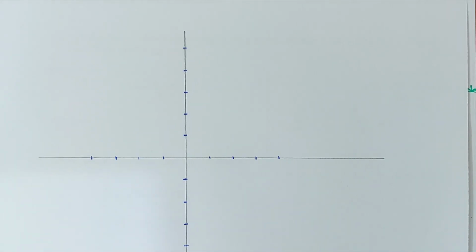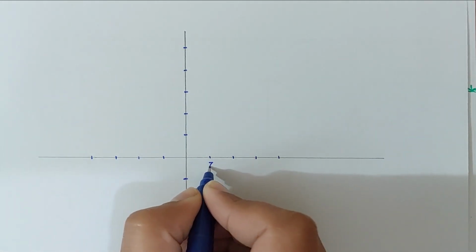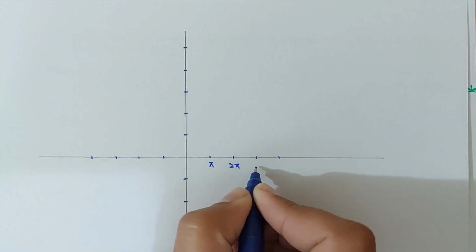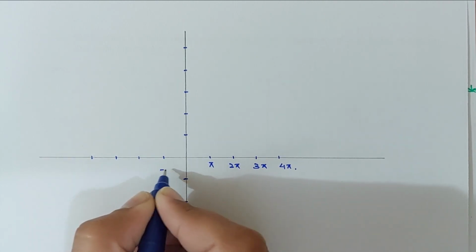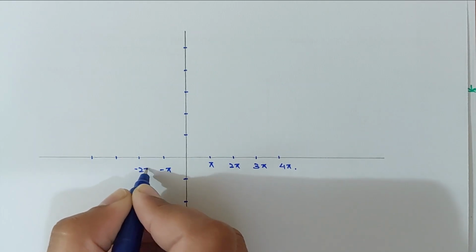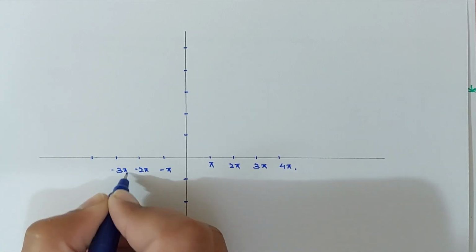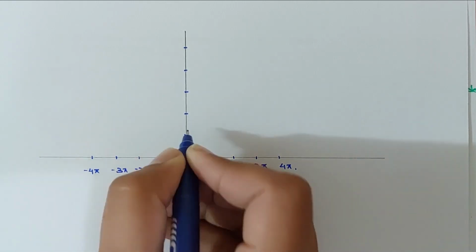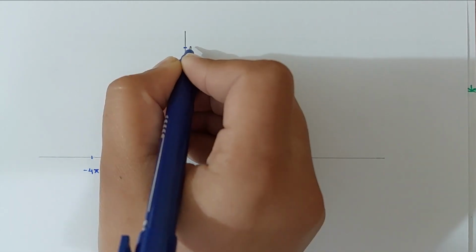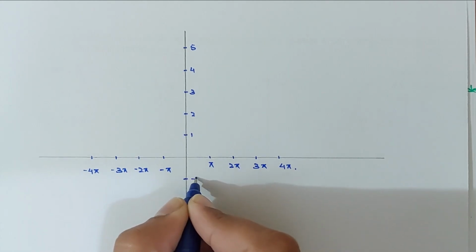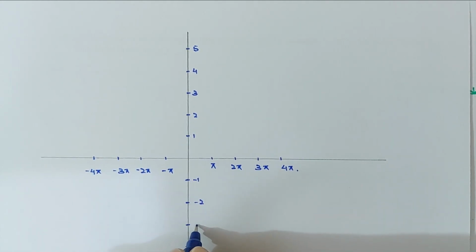Okay, so this value is pi, 2 pi, 3 pi, and 4 pi, one complete cycle. Minus pi, minus 2 pi, minus 3 pi, and minus 4 pi. This is 1, 2, 3, 4, and 5. This is minus 1, minus 2, minus 3, and minus 4 downward.